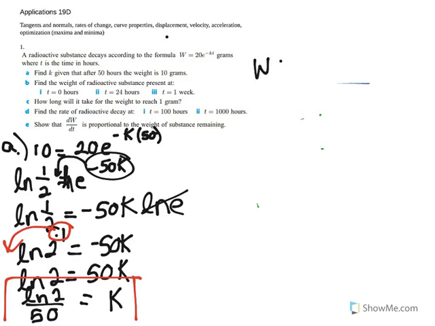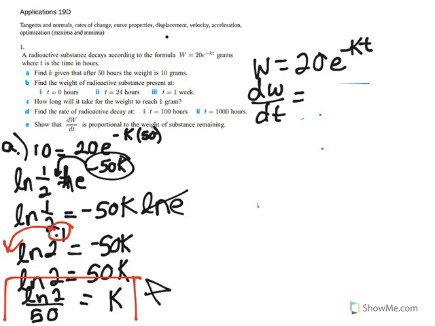So W equals 20 e to the negative kt. So now I have to take the derivative of this. So therefore dW dt. Remember, t is my independent variable. K is some constant that we found over here, so we'll end up putting that up here in just a little bit. Before we do that, it might make it easier just to do the derivative, leaving that K value in there, knowing it's just a numerical value.